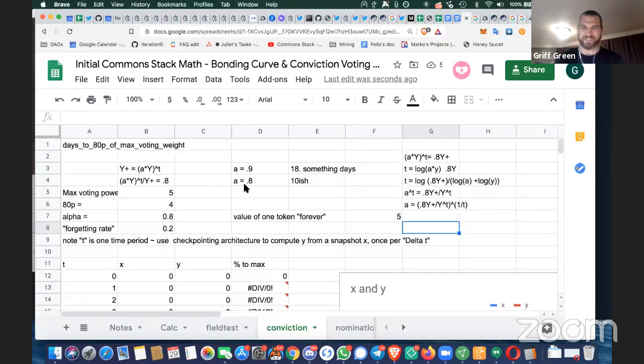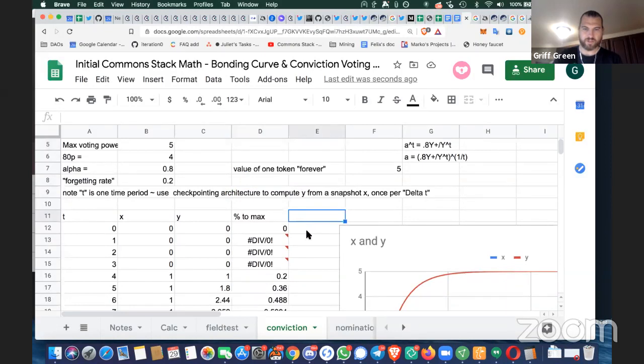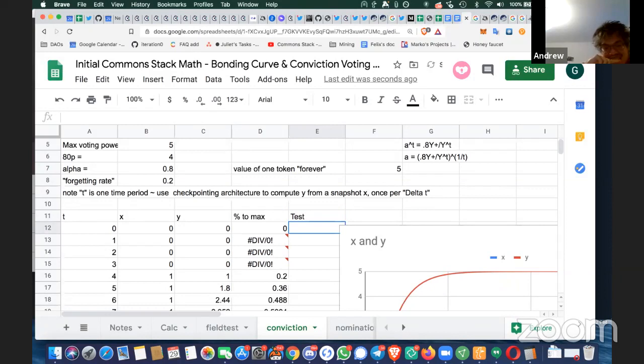If 10-ish days, we have 10, so 0.8 times y. I guess the test is to make this an equation and drag it down. So test, and it should just always be the same.